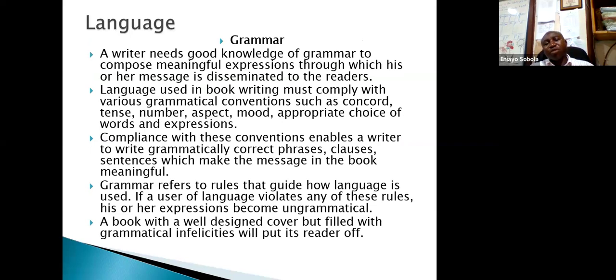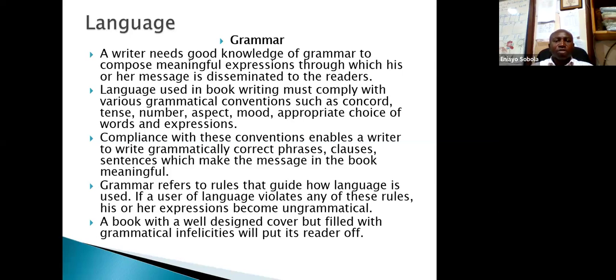Because if you don't have good knowledge of grammar, your sentence construction will have a problem. Your phrases and clauses will create confusion. You should understand the rule of concord, tense, aspects, and several other things in language.